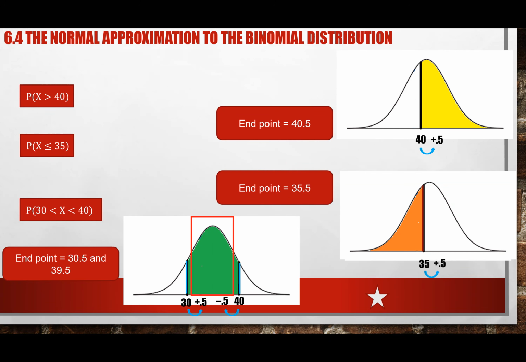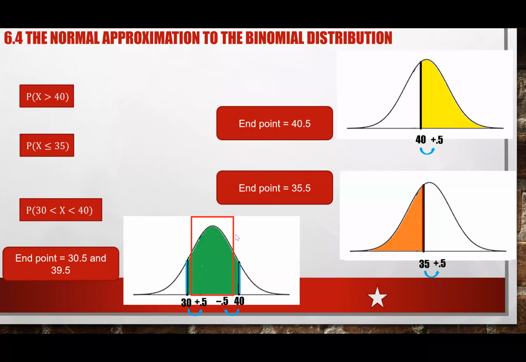And like I mentioned, yes, in 6.4, your endpoint will always be off by 0.5, except for negative 1,000 or negative 1,000,000 or positive 1,000,000. Whatever other endpoint you have, you will always either add 0.5 if you move it to the right, or subtract 0.5 if you move it to the left. So everybody see why I add 0.5 on the 30 and subtract 0.5 on the 40, because I want to narrow this area down.